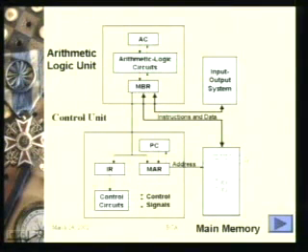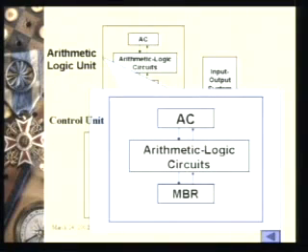But what are the basic components of the arithmetic logic unit? An arithmetic logic unit basically consists of arithmetic and logic circuits. The purpose of these circuits is addition, subtraction, and logical AND, OR kinds of operations.